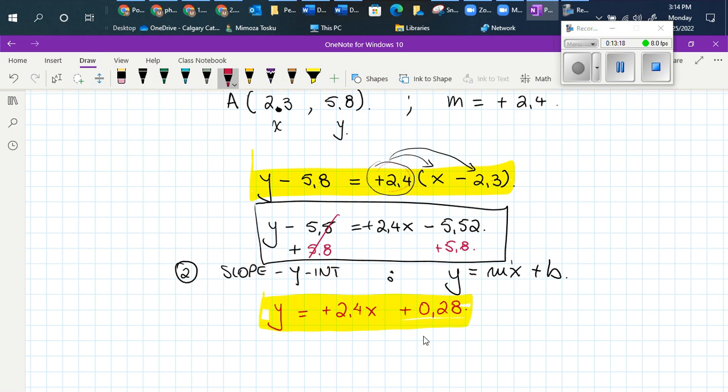In this form, the number that is multiplied by x, the variable that is on the horizontal, is the slope. And the number that is without anything is the y-intercept.